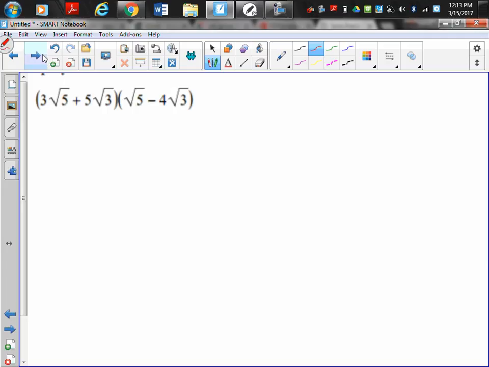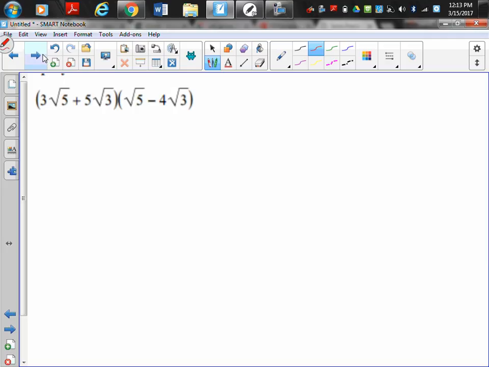Now, the only thing different between the problem I just did and this one is this one has radicals instead of variables, but you do it exactly the same way. Now, some of you like to use the FOIL, first, outer, inner, and last.